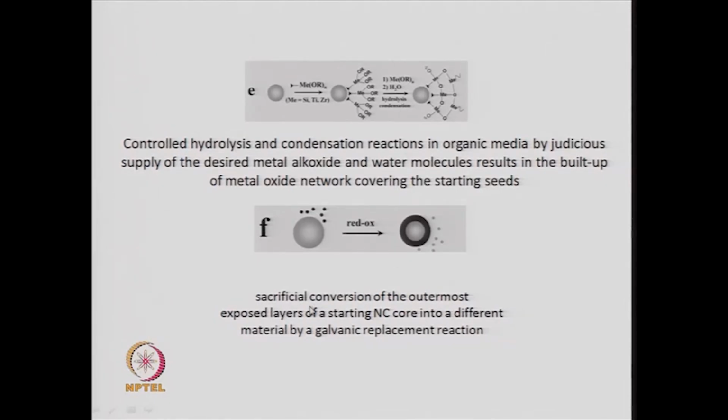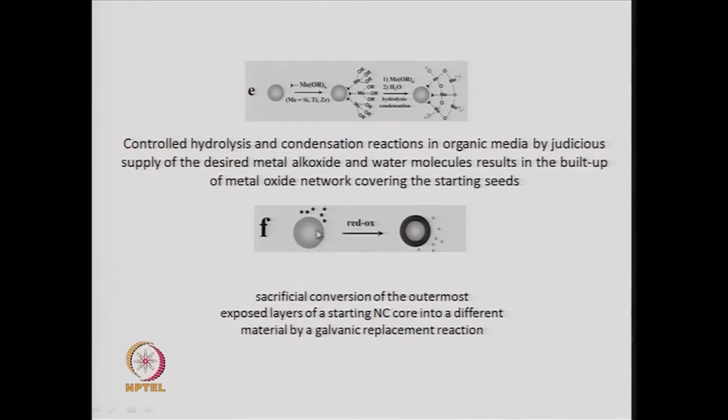You can also have a sacrificial mechanism, where you start with a particle and then some of the exposed layers of the starting core are removed, and new particles come on top of the inner core. So, the core diameter you see here gets reduced in the core-shell structure.